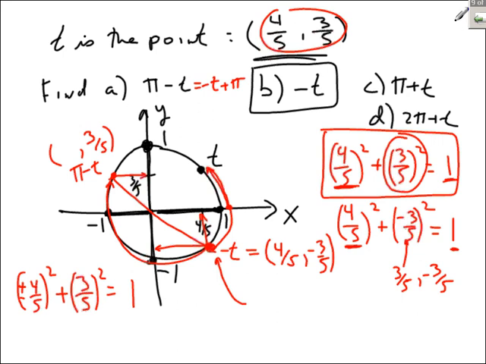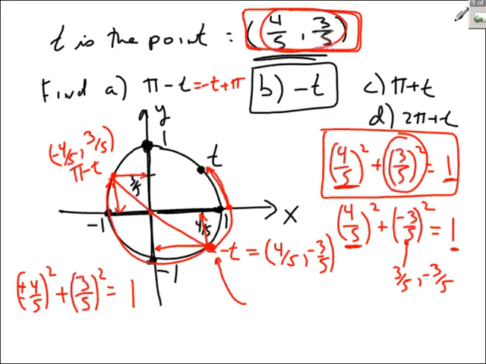We got that from the very beginning. They told us that this point lies on the unit circle. That is, if you square the x and square the y and add them up, you get 1. Okay, since this x value is negative, to the left of the origin, it's going to be negative 4 over 5. So that's the answer to A.